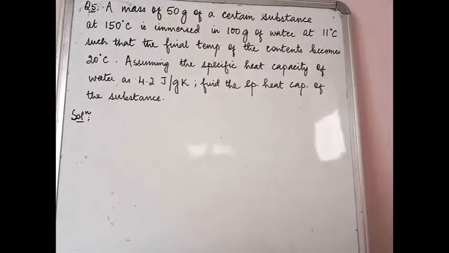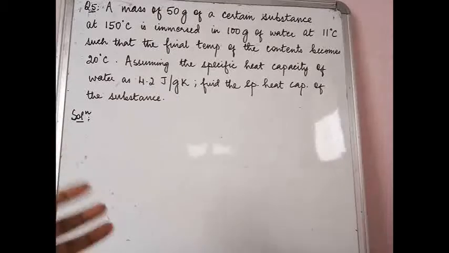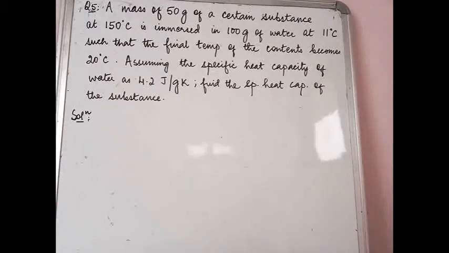One is a substance, a metal maybe, or any particular piece of a metal. It is weighing 50 grams and it is at a temperature of 150 degrees centigrade. So this is a pretty hot substance that we have, and this substance is being immersed in 100 gram of water at 11 degrees centigrade.